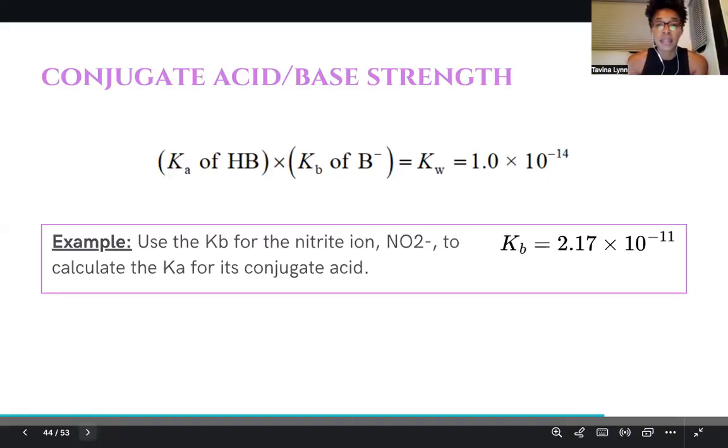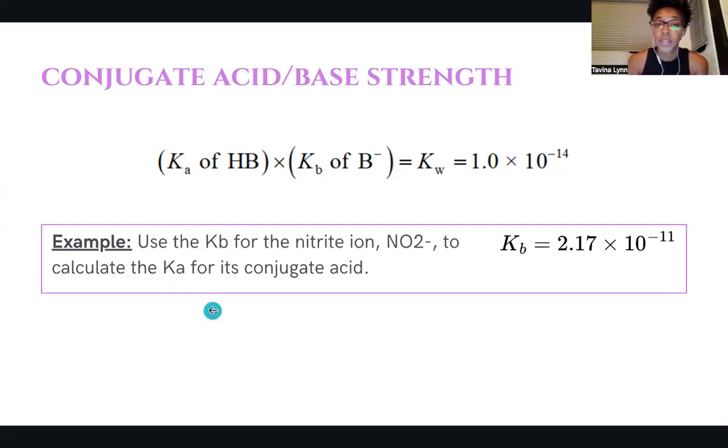So let's look at an example. The other thing that I want to mention, because of this inverse relationship, if we are given the Ka of an acid, we can calculate the Kb of its conjugate base. Or if we're given the Kb of a base, we can calculate the Ka of its conjugate acid using this relationship.